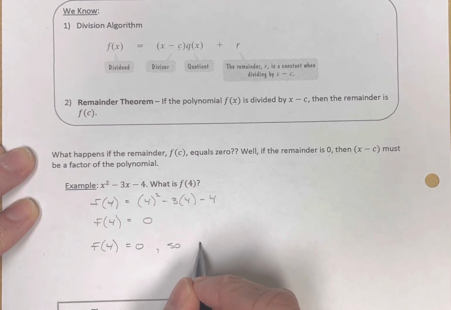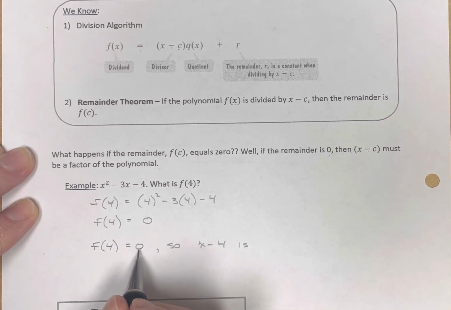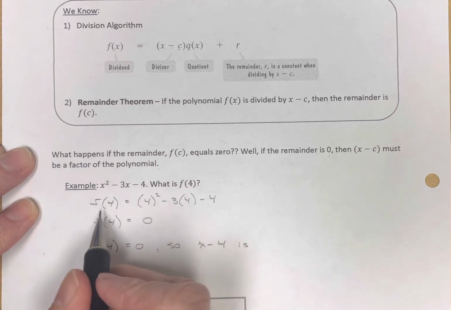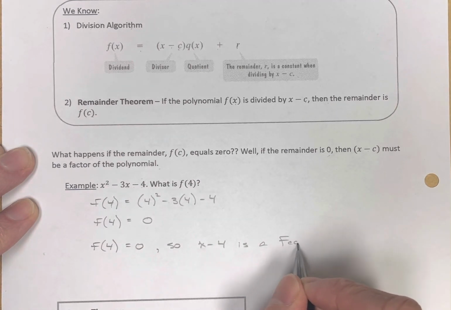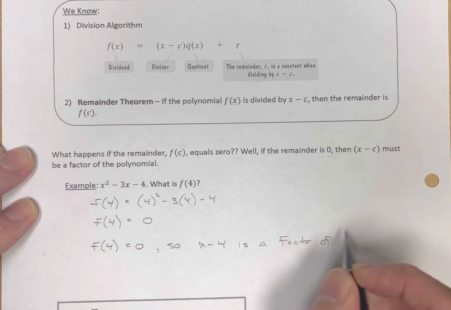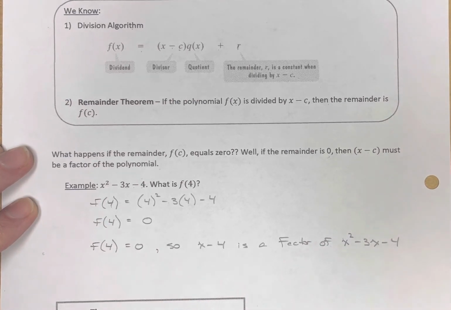So because I have a remainder of 0, I know that x minus 4 is a factor of the quadratic x squared minus 3x minus 4.